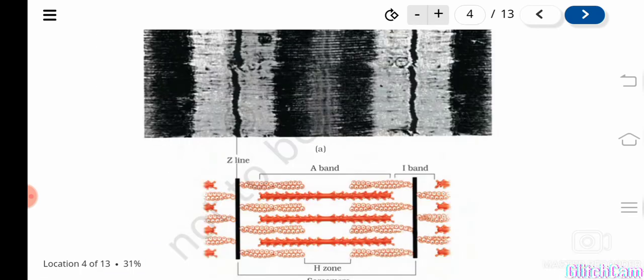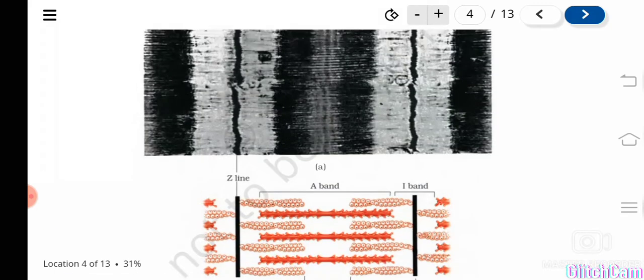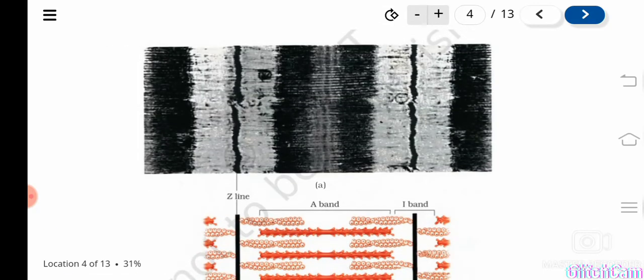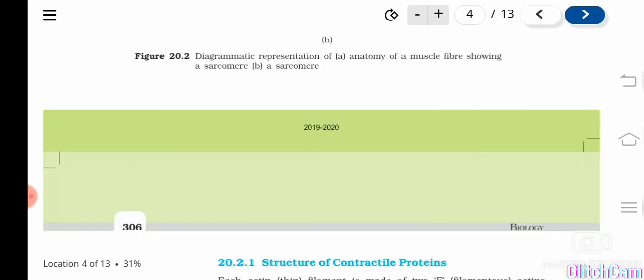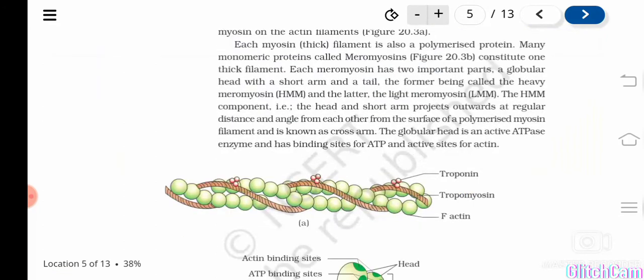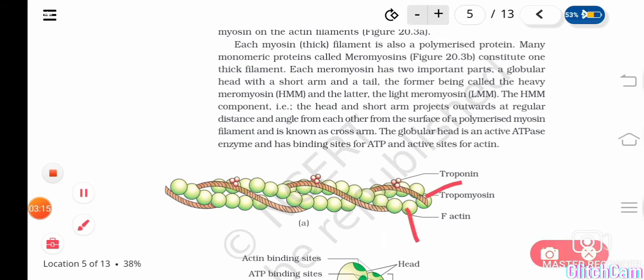Now what we are studying is this actins and myosins structure, ultrastructure we are studying. So in that I told you, each actin filament is made up of two F actins, filamentous actins. You can see here, isn't it? It's very clear. 1, 2. Likewise, two actins are there, which are helically wound.